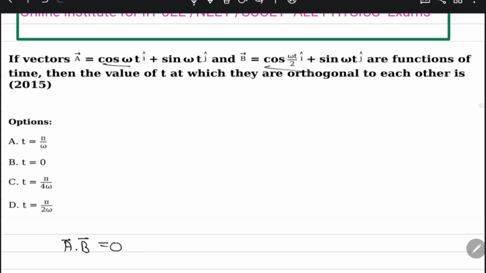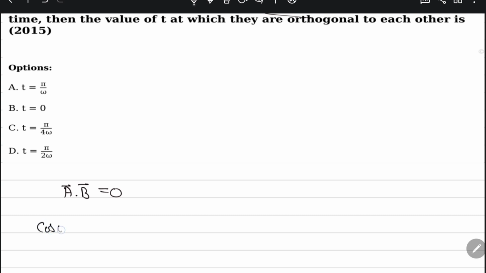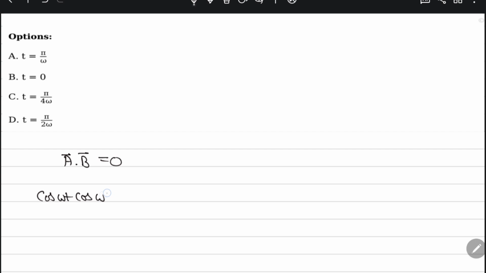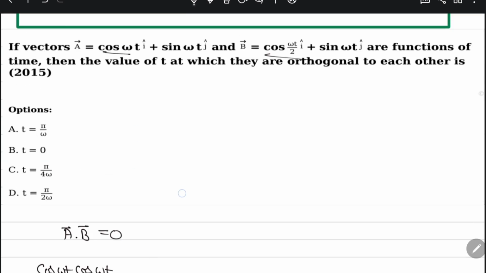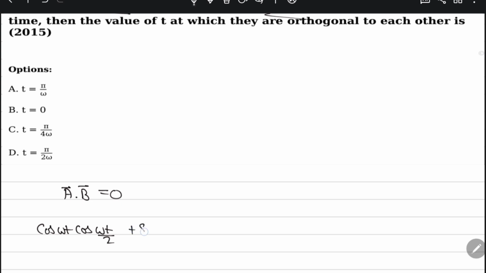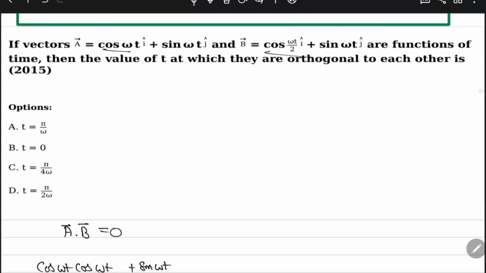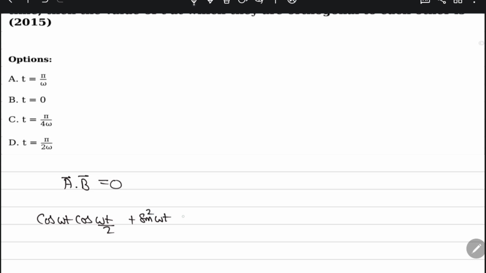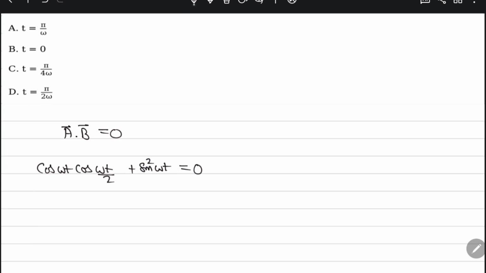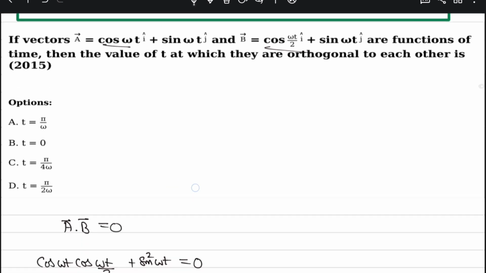So a vector dot b vector becomes cos omega t by 2, and then after that sine omega t, and omega t means sine square omega t is equal to 0. Okay, then what they're saying is the time at which both are orthogonal to each other.